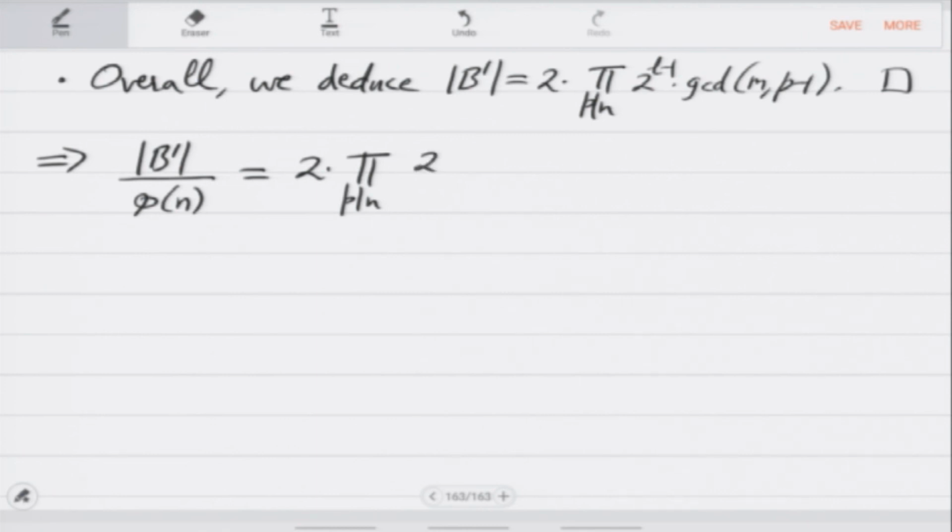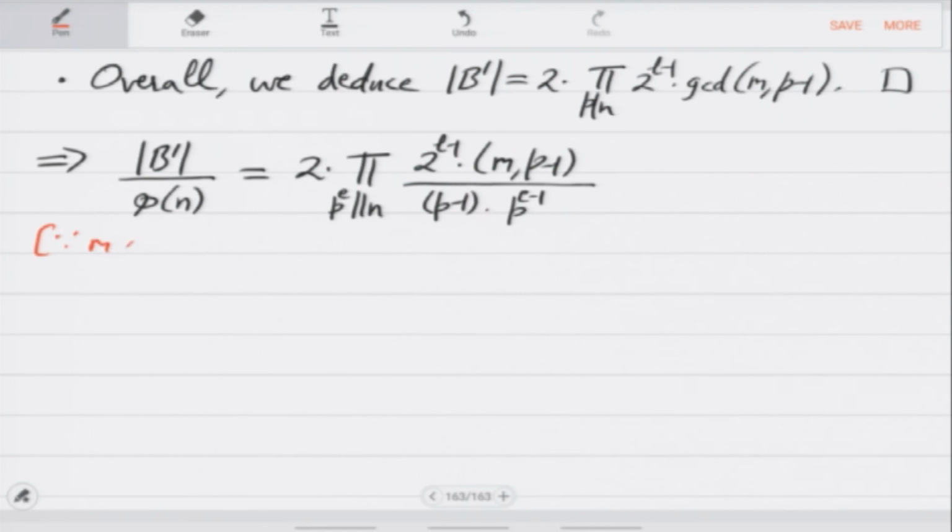So what you will get is 2 raised to L minus 1 times the GCD of m and p minus 1 in the numerator, and in the denominator you will get p raised to e minus 1. So we are actually doing it over prime powers that exactly divide n.